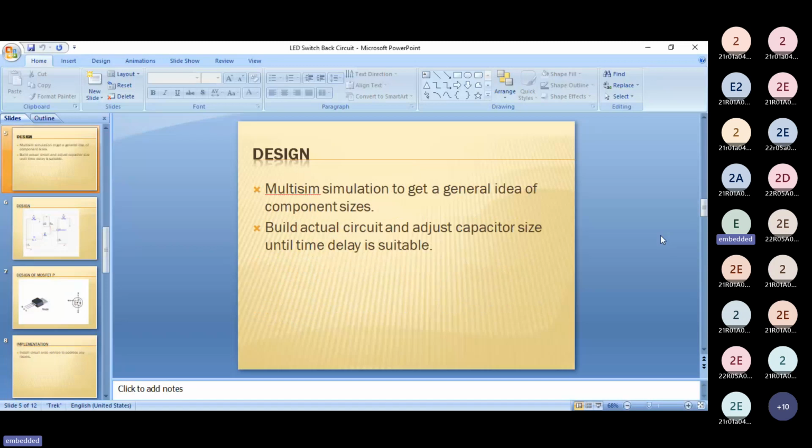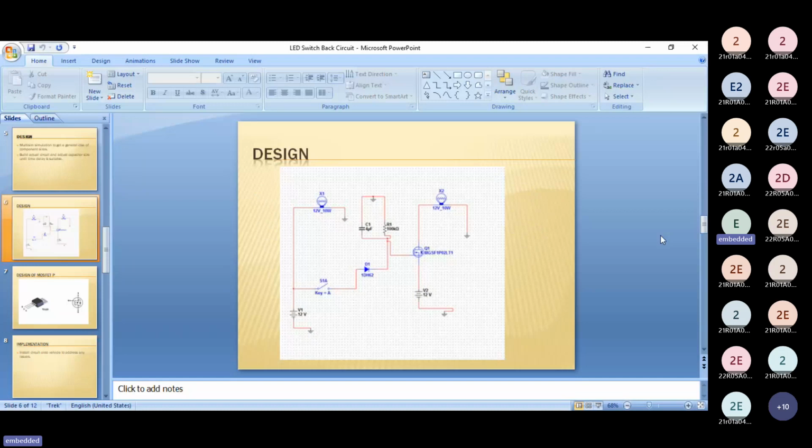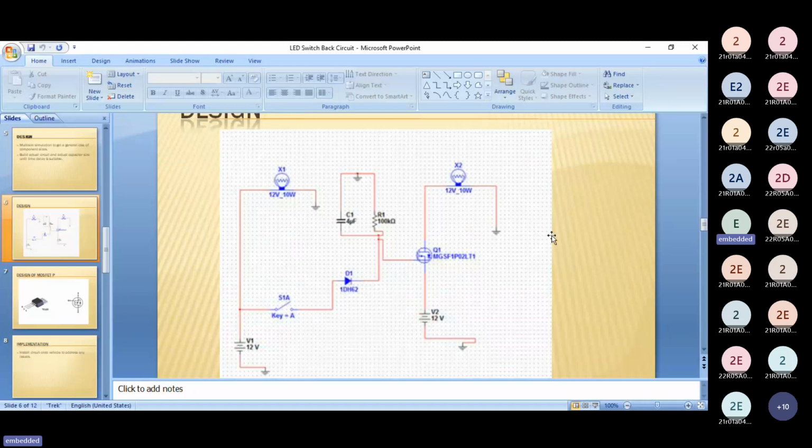So how it was designed. It was designed as a Multisim simulation to get a general idea of component size. Build actual circuit and adjust capacitor size until time delay is suitable. So this was the design, like this was the implementation of how it was done. The switchback circuit was look into this.